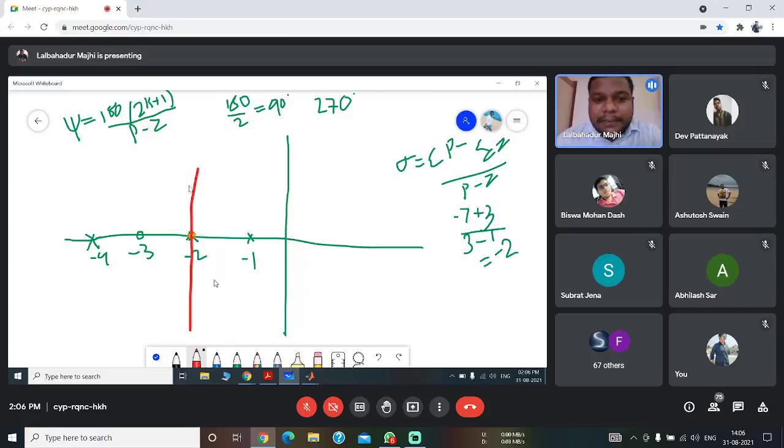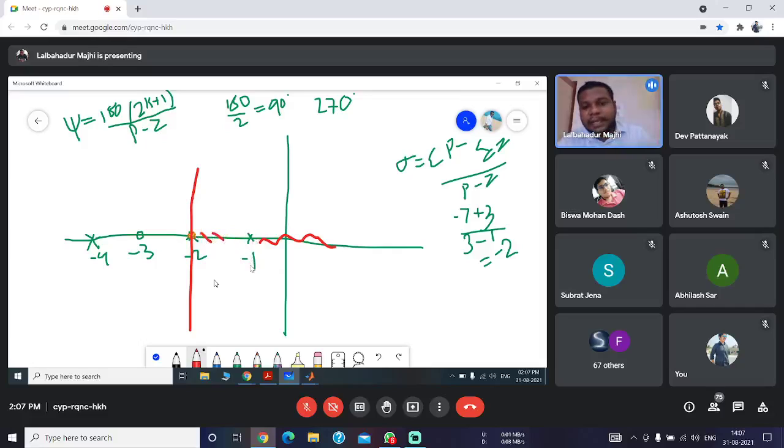So next step, asymptote. Then we have to determine in which line our root locus will go. Okay. So we know the root locus will start from open loop poles. So you can see in this region, this region will not lie on the root locus because there is no pole or zero. But this region will lie on the root locus because beyond this point there is an odd number of poles.